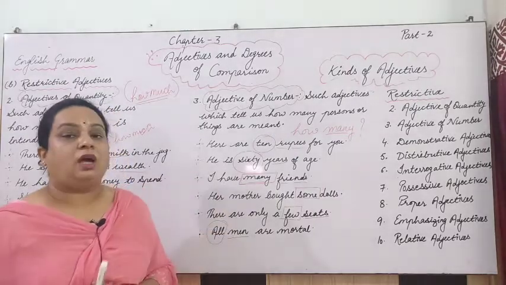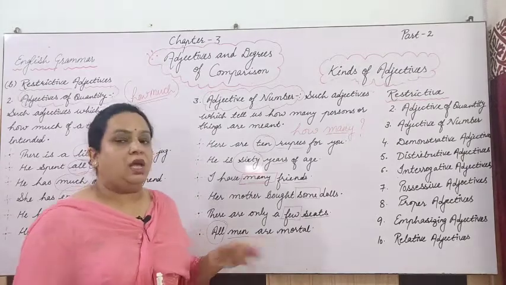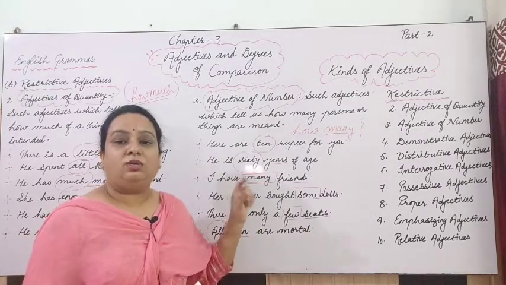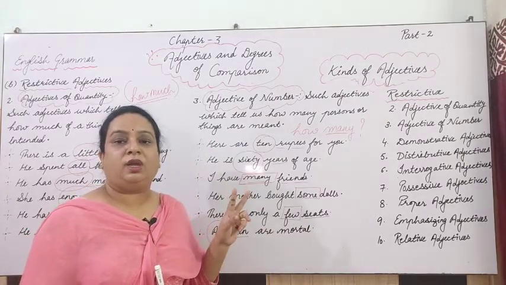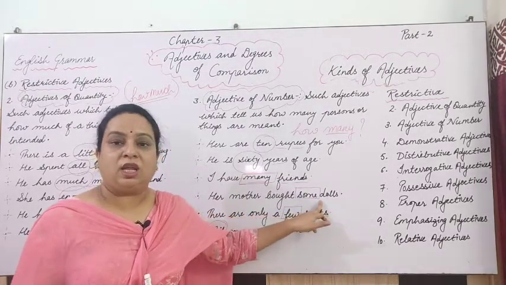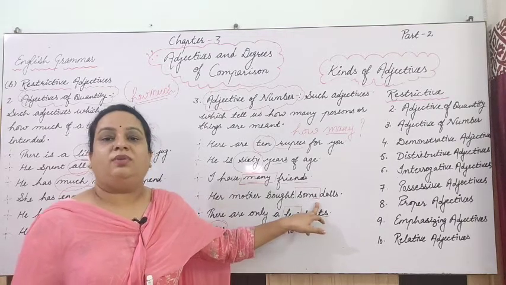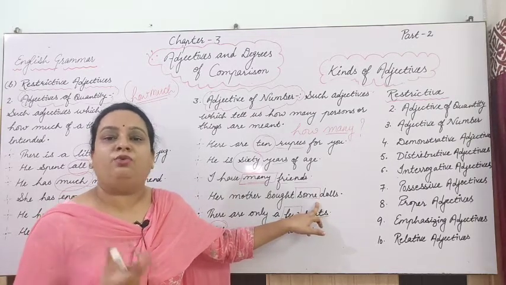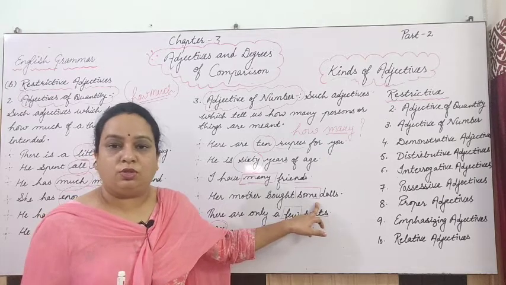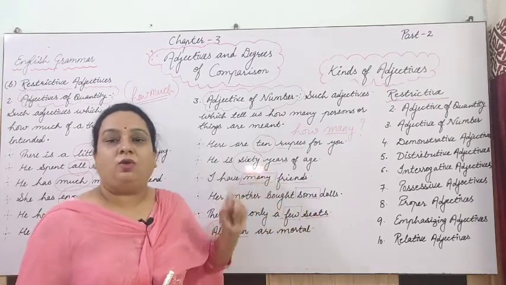When we talk about countable and uncountable, it is what? Singular to plural, both forms we have, like doll, dolls. So this some is telling us about the number, right? But if we are talking about some food, food is not foods, so there that some will work as an adjective of quantity.